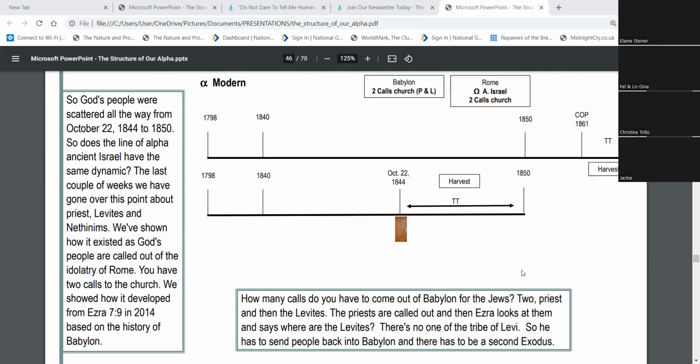How many calls do you have to come out of Babylon for the Jews? 2, priests, and then the Levites. The priests are called out, and then Ezra looks at them and says, where are the Levites? There's no one of the tribe of Levi. So he has to send back into Babylon, and there has to be a second Exodus.